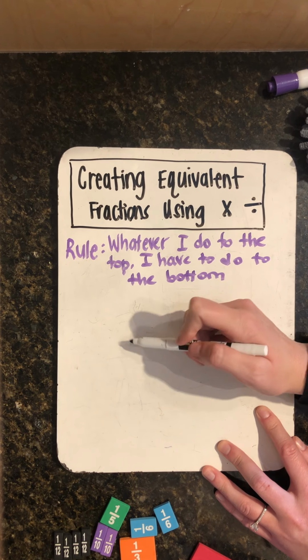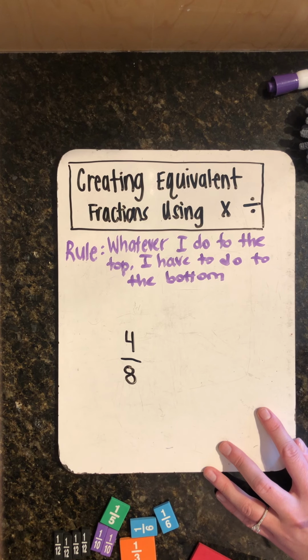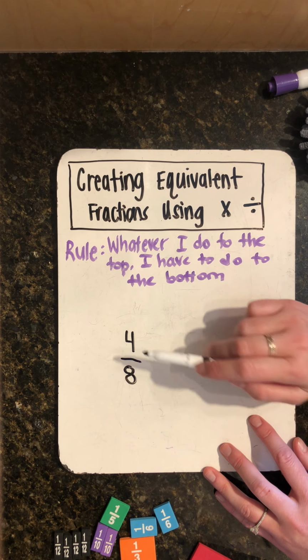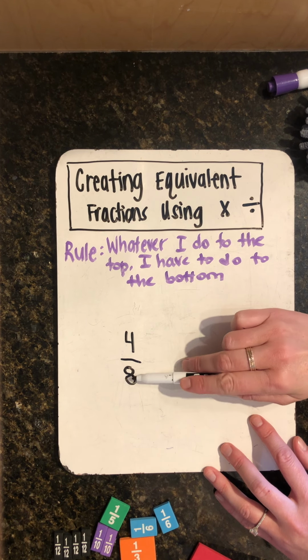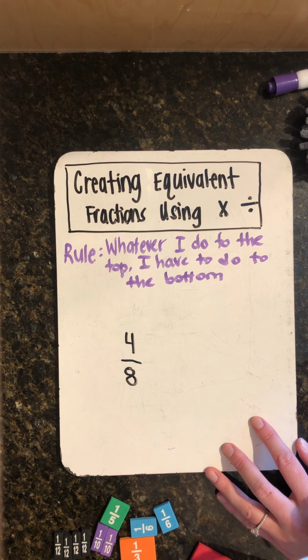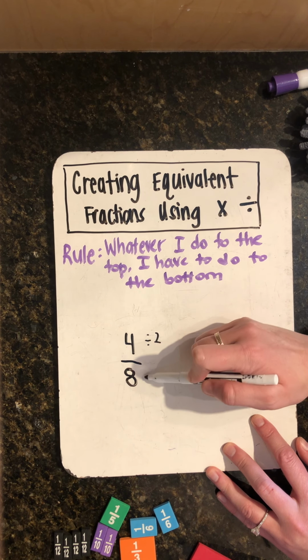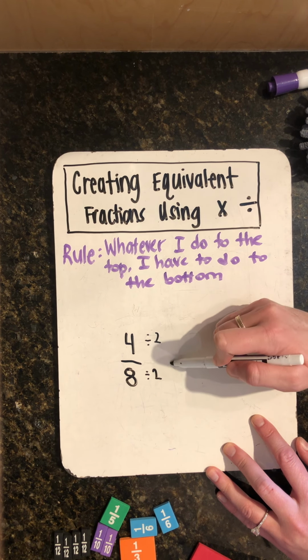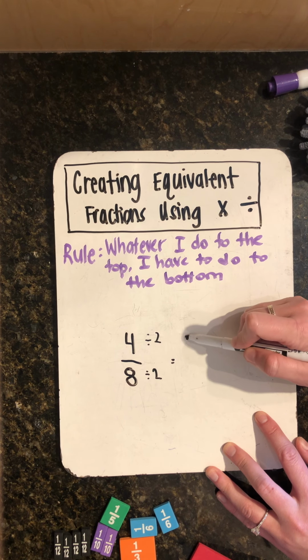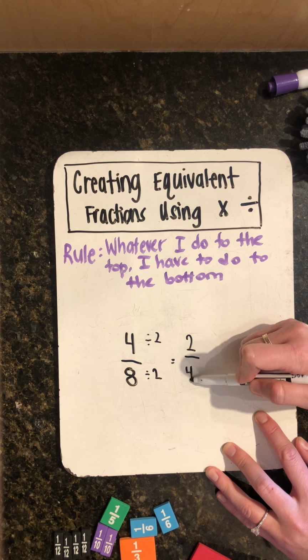All right, let's do 4/8. Now, I can easily see that 4 is an even number and 8 is an even number. So I know right away I can divide by 2, right? So I'm going to show that on the top, and I'm going to show that on the bottom. 4 divided by 2 is 2, and 8 divided by 2 is 4.